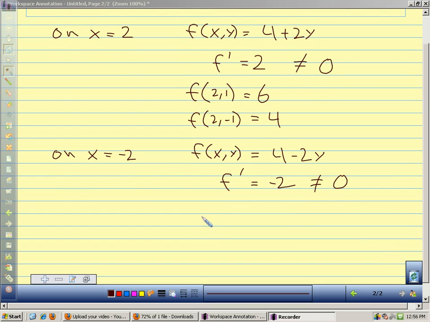So we'll look at the endpoints. f of negative 2, 1 turns out to be 4. And f of negative 2, negative 1, we already found that one, is 6.